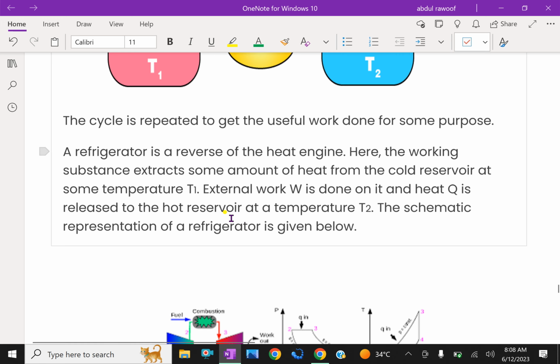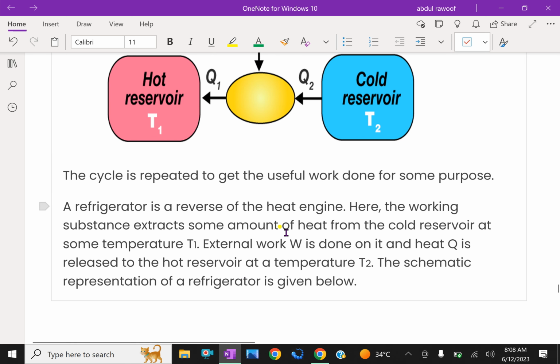A refrigerator is the reverse of the heat engine. Here, the working substance extracts some amount of heat from the cold reservoir at some temperature T1. External work W is done on it and heat Q is released to the hot reservoir at a temperature T2.